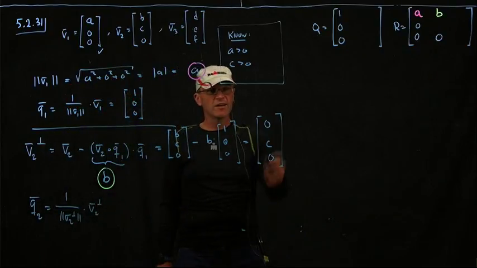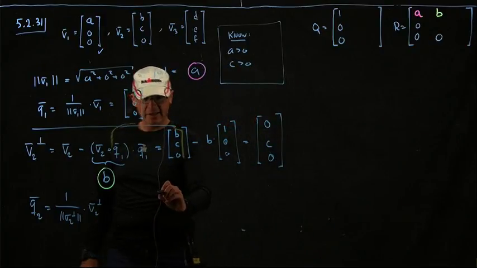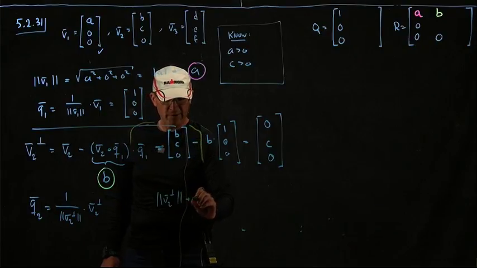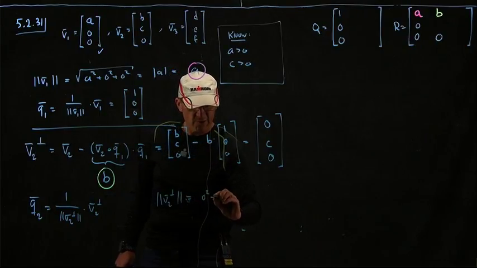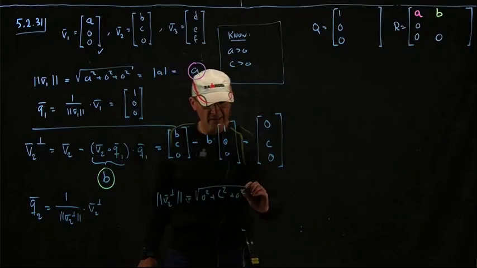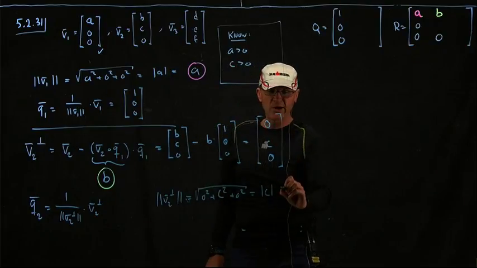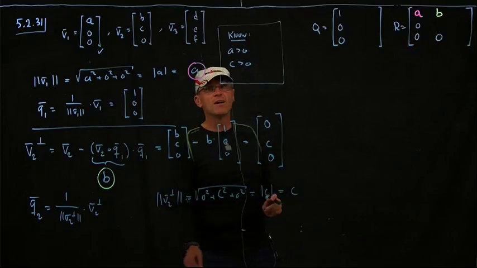Again, we only have one entry in here. So formally, the length of V2 perpendicular is 0 squared plus C squared plus 0 squared and the square root of that. So it's the absolute value of C, but C is positive, so it's just C.